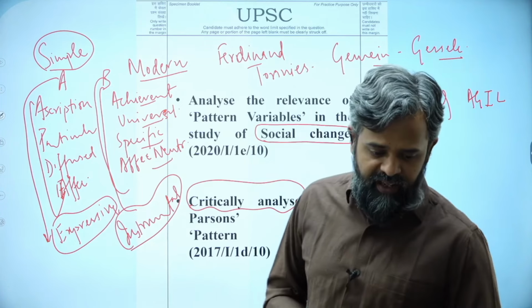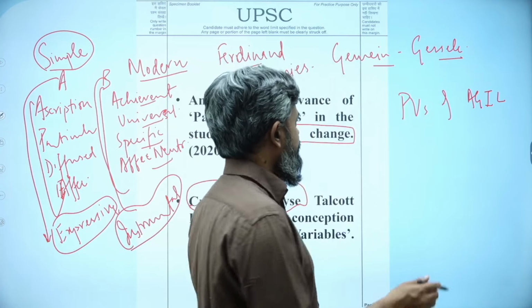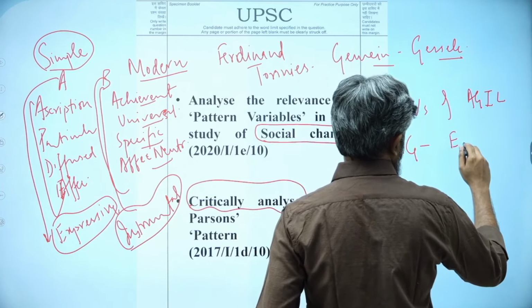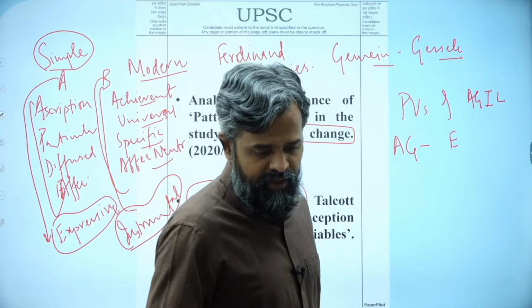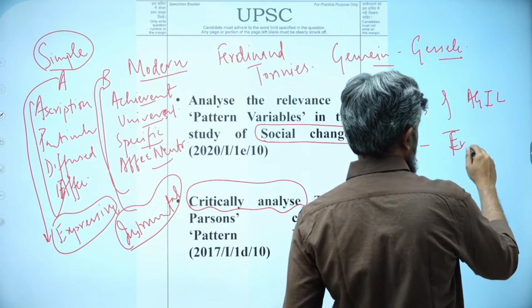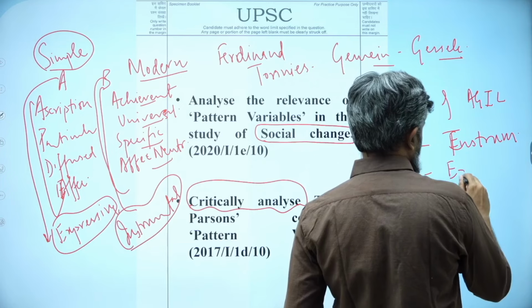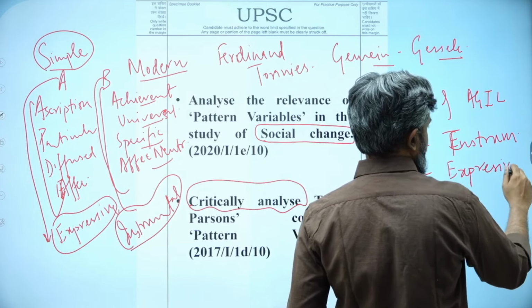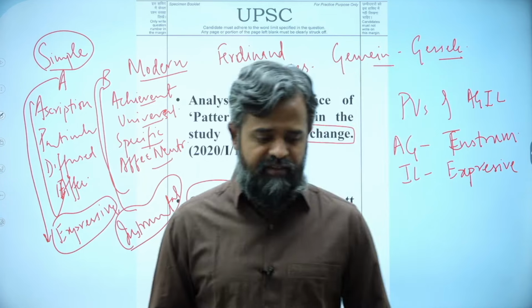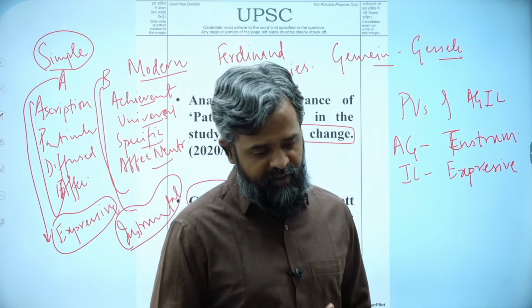So AG is instrumental, and then IL is expressive. So he regards the first half of the pairs as expressive, and the second half as instrumental.